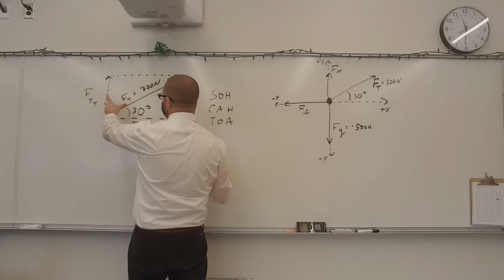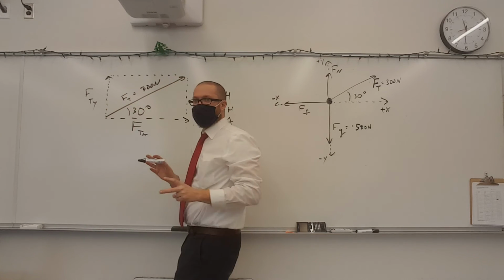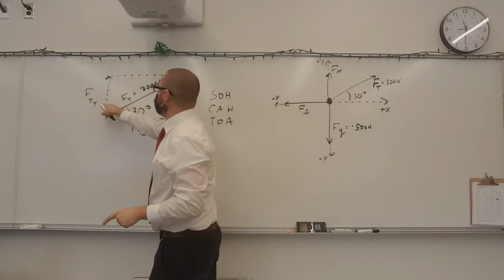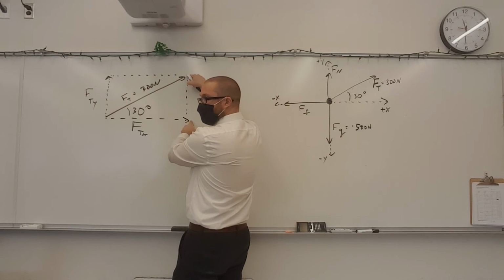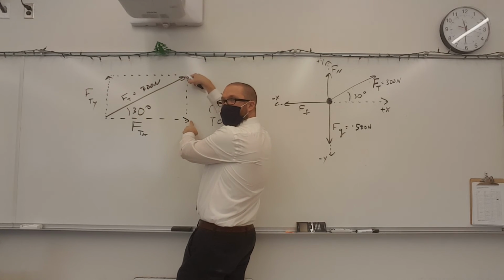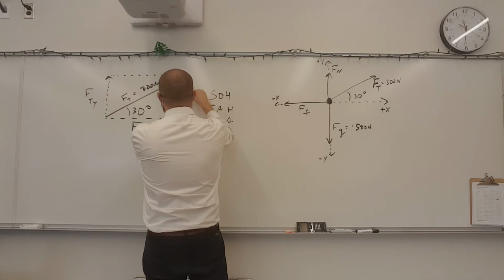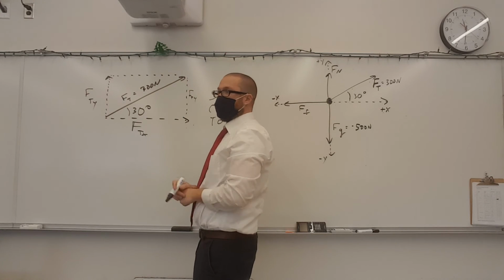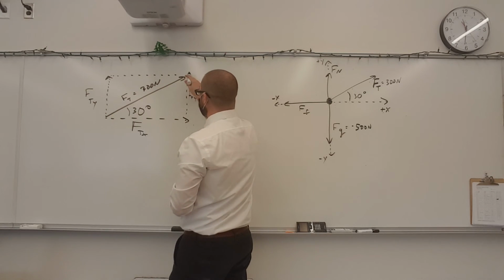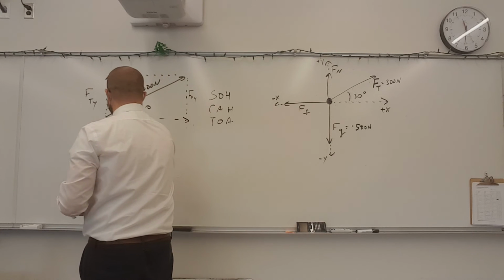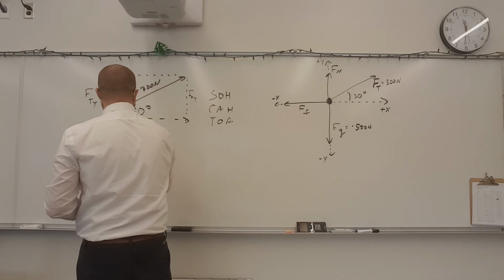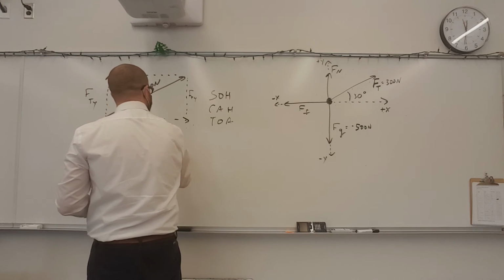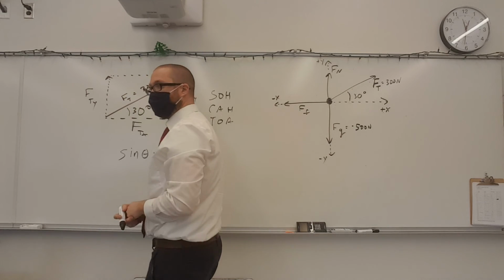Now, some people will make it two different triangles. I don't recommend doing that. This FTY, it's the same length as this side of the triangle here, right? So I usually would just write FTY over here. And then I'm just dealing with this triangle. So let's go: sine of theta equals opposite over hypotenuse, right?